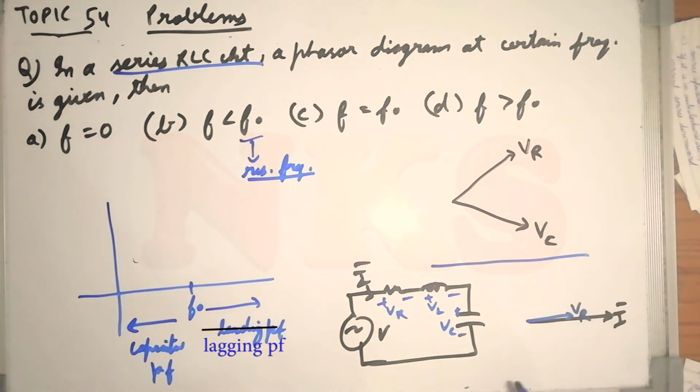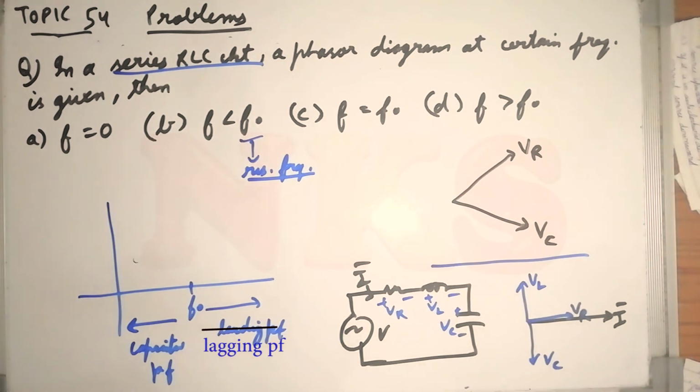The voltage drop across the inductor will be 90 degrees leading, so my VL will be in this direction, and my VC will be in this direction. So this will be the general phasor.